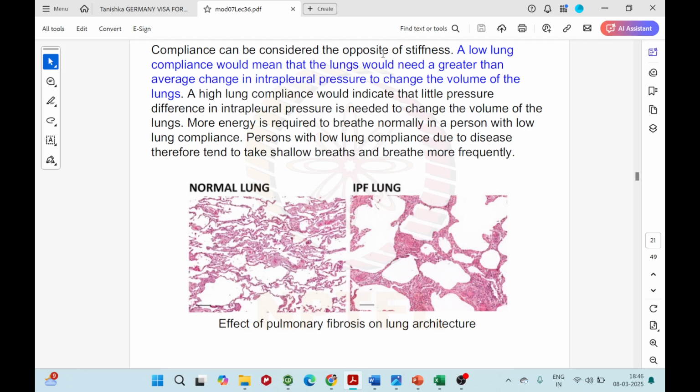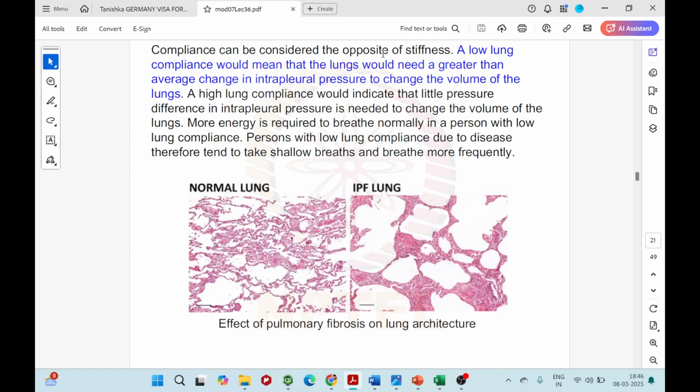So what happens in the disease condition? The lungs become fibrous because of the increased mucus and everything in the asthmatic condition. With increased mucus the lungs become fibrous, and they lose their elasticity, and because of low elasticity the compliance also becomes low.